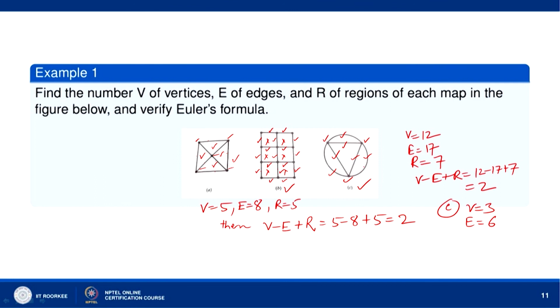And then regions are 1, 2, 3, 4 and one outside, 5. So, we have V minus E plus R equals 3 minus 6 plus 5, and we get 2. So, these maps verify Euler's formula.